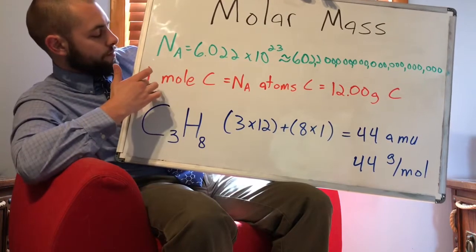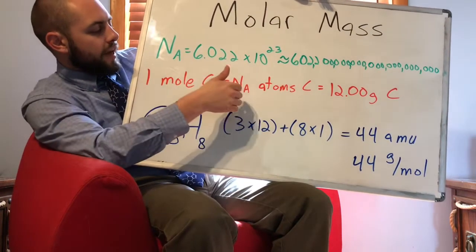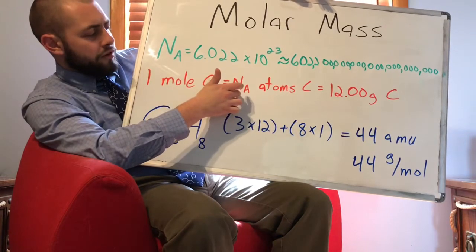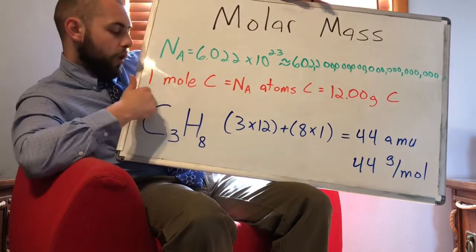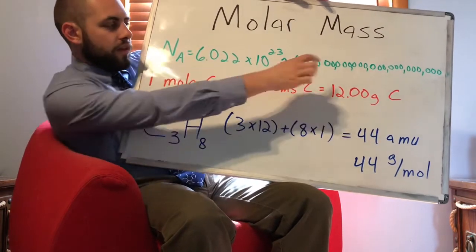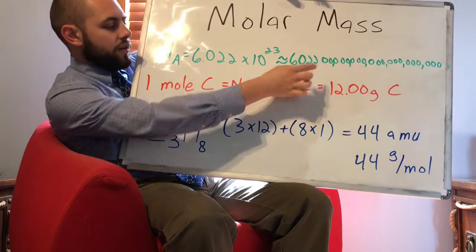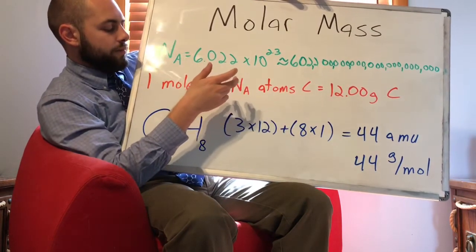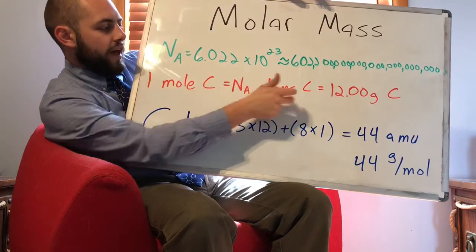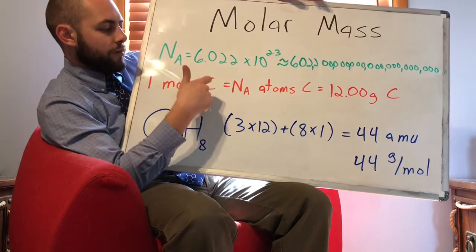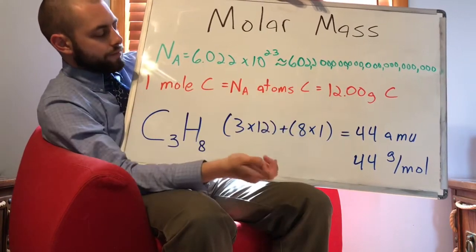So for example, 1 mole of carbon is the same as Avogadro's number of atoms of carbon. 1 mole of carbon is this many atoms of carbon. It's just like if I said 1 dozen of carbon would be 12 atoms of carbon. 1 mole of carbon is Avogadro's number of atoms of carbon.